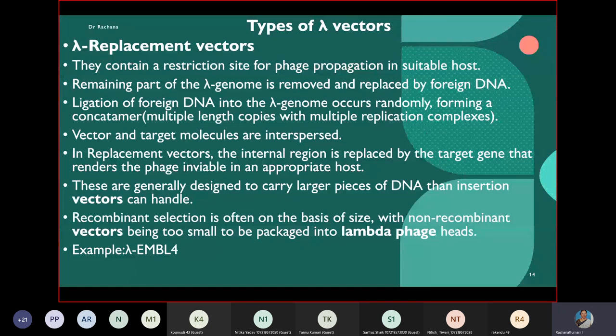All these three organisms being examples of eukaryotic systems, the genes are not so small. The length of the structural genes is not as small as the bacterial cells or the phage genes. These are pretty large because the whole DNA is huge.